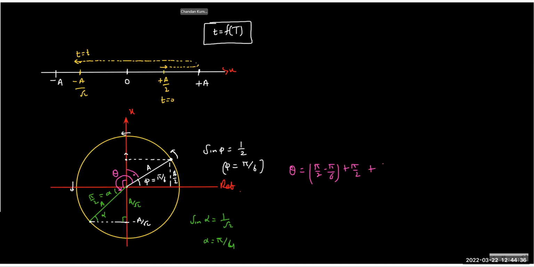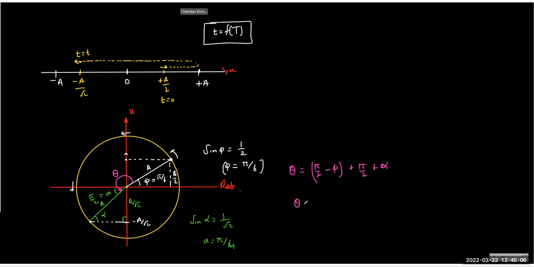Don't remember this, but I'm saying. You are going from here to here. So how much is that angle? Pi by 2 minus phi plus pi by 2 plus alpha. Correct? Do you realize how much you have turned? That's it.